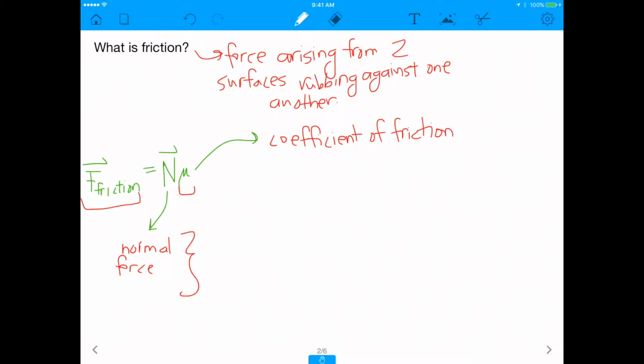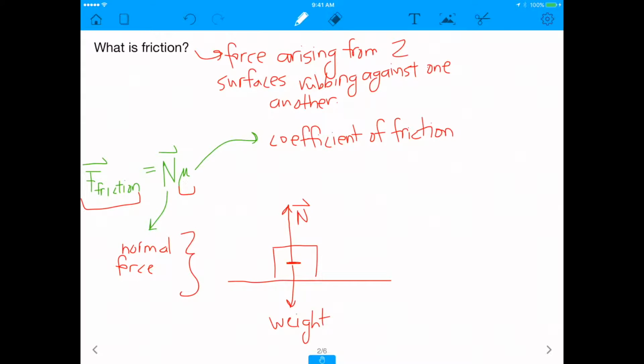What is the normal force? The normal force is basically equal to the force that props an object up. Think about a table, and let me put a box on the table. The box obviously has a weight, which pulls it down because of gravity. The normal force is the thing that's keeping the box up.